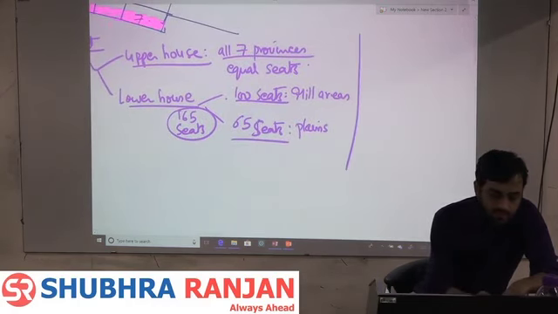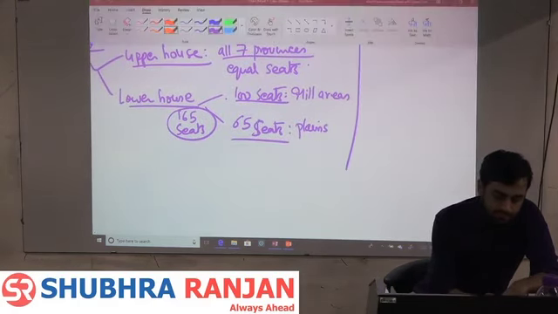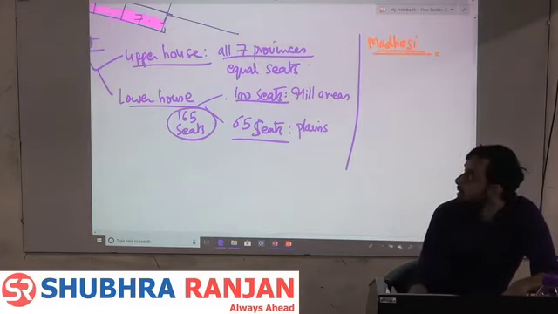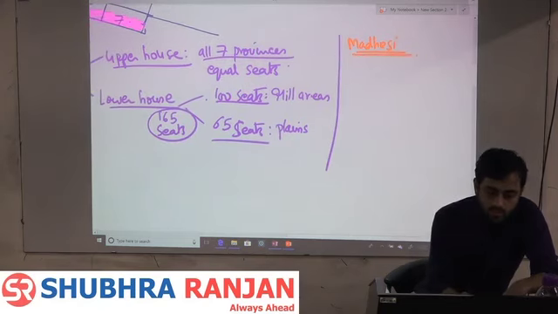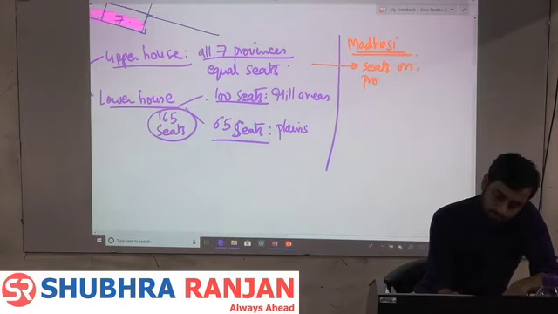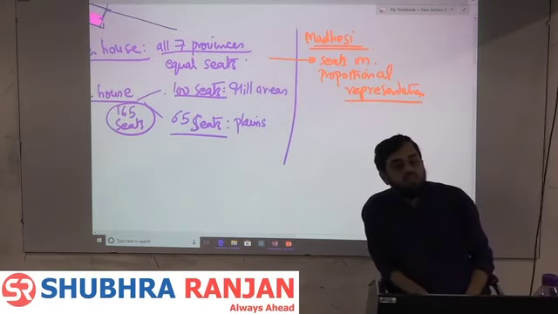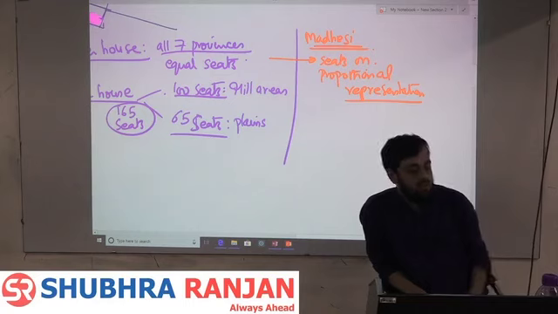Whereas the demand of the Madhesis on this was, the Madhesi demand was what? That they wanted that provinces must get seats on proportional representation. मतलब जैसे UP in India upper house में seats are on which basis? Proportional or equal? Proportional, right?